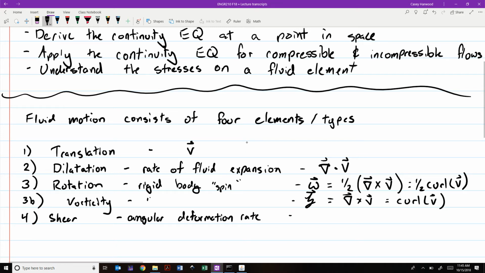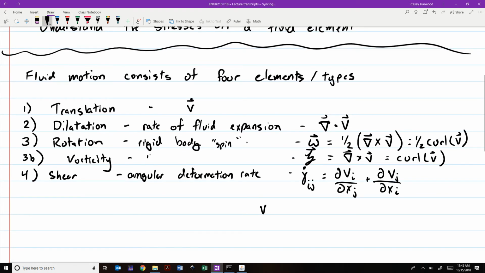This is defined as gamma dot ij is equal to dvi dxj plus dvj dxi, where V1 is equal to U, V2 is equal to V, V3 is equal to W, X1 is equal to X, X2 is equal to Y, and X3 is equal to Z. This is what we call indicial notation, where V is just a placeholder for velocity, has 3 components, X, Y, and Z, and X is simply a placeholder for a direction: 1, 2, 3, X, Y, Z.